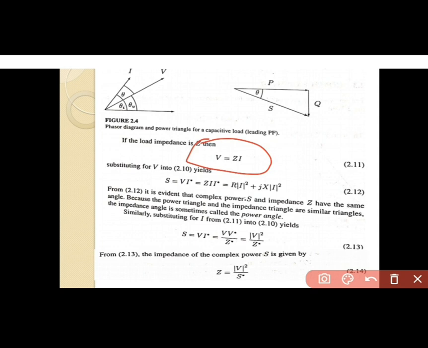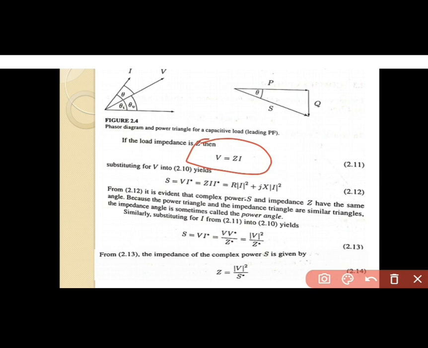S is equal to VI star, and V is equal to IZ. So we get Z I I star, which is equal to R I square plus jX I square. Let us call this equation number 12. From equation 12, it is clear that complex power and impedance Z have the same angle, because the power triangle and the impedance triangle are similar triangles.